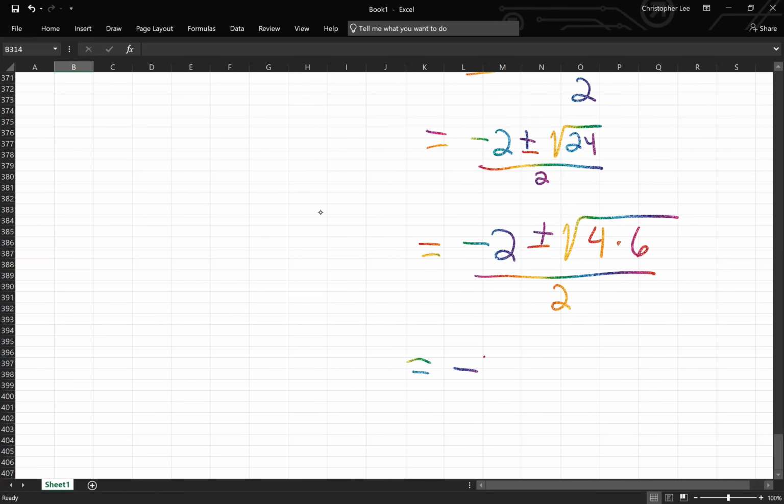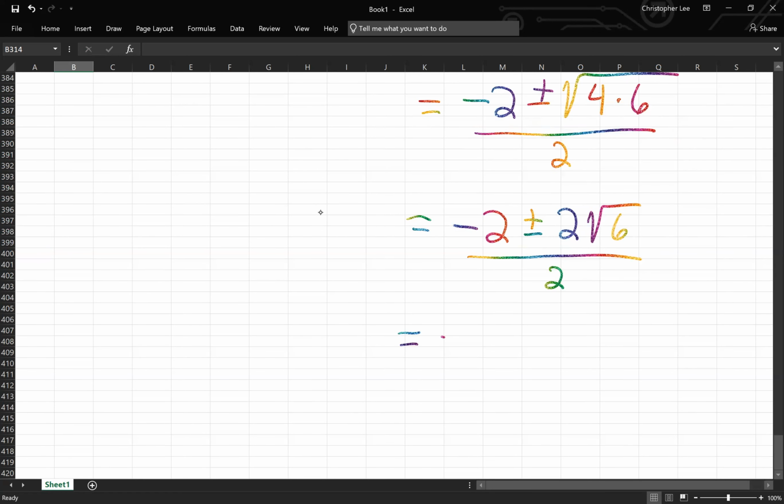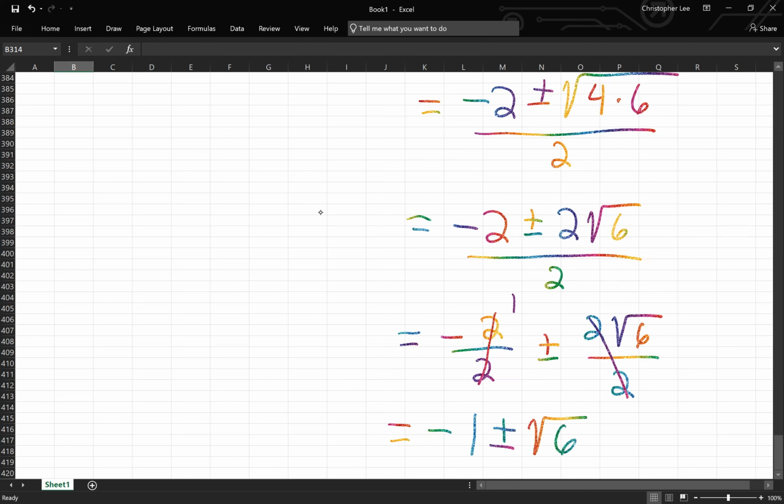So this becomes -2 plus or minus 2 square root 6, all divided by 2. Just so that you guys can see, I'm going to break this apart. This is -2 divided by 2 plus or minus 2 square root 6 over 2. These 2's will cancel out. These 2's will become 1. So this final answer would be -1 plus or minus the square root of 6.